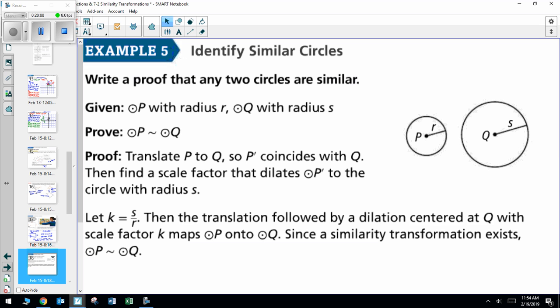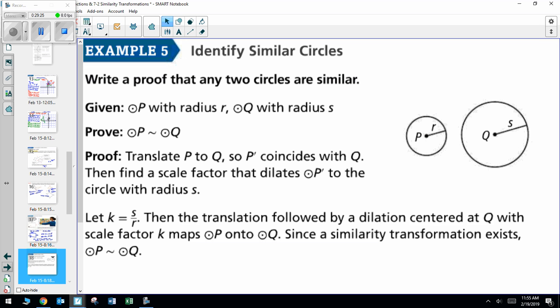Alright, so identifying similar circles. There is nothing to write on this page, but I put it on here because you may be asked about a proof like that, and there are similar proofs to this one. Write a proof that any two circles are similar. Okay? So it's a fact in geometry that circles are similar shapes, right?